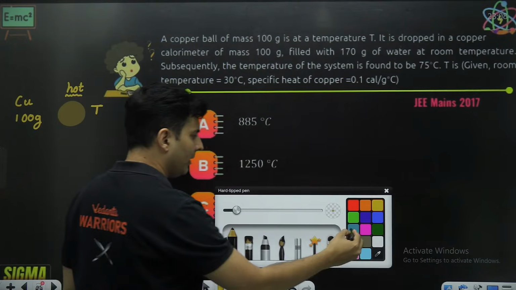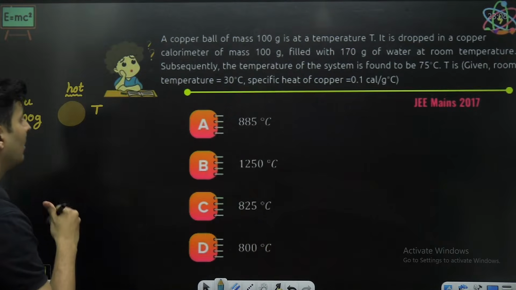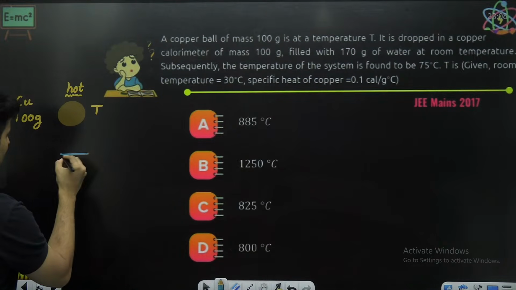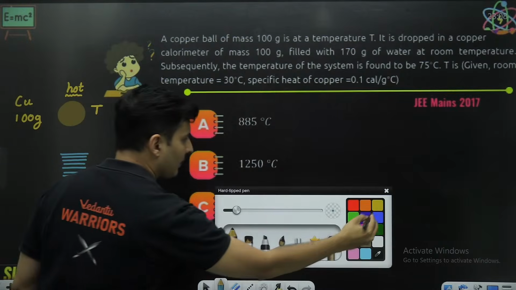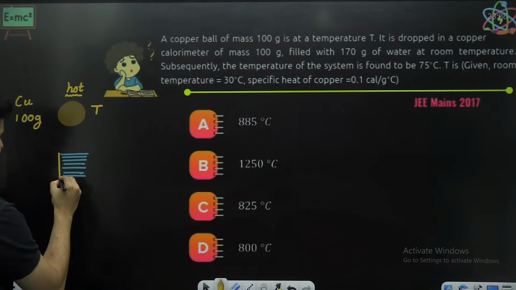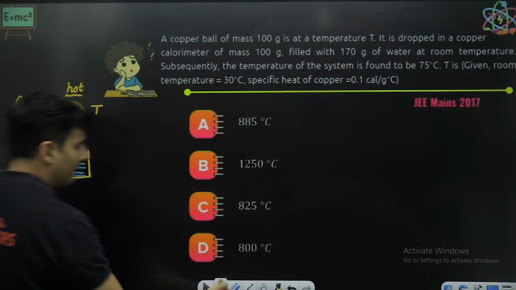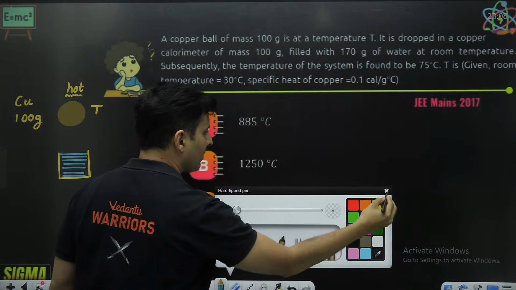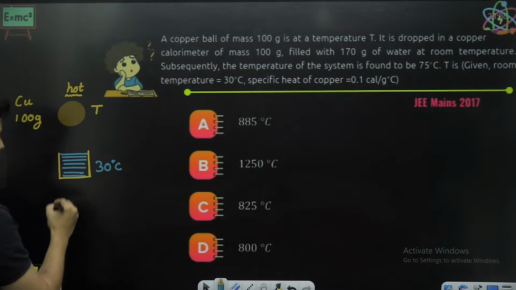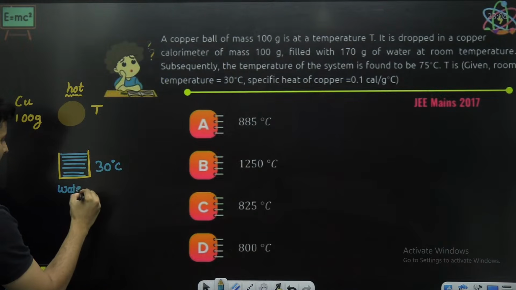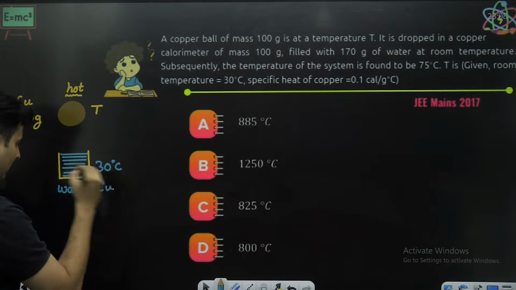Now there is water along with copper. So there is water over here and it is surrounded by copper. It's in that vessel and both of them together are at room temperature, which is given to be 30 Celsius. This is water plus copper.